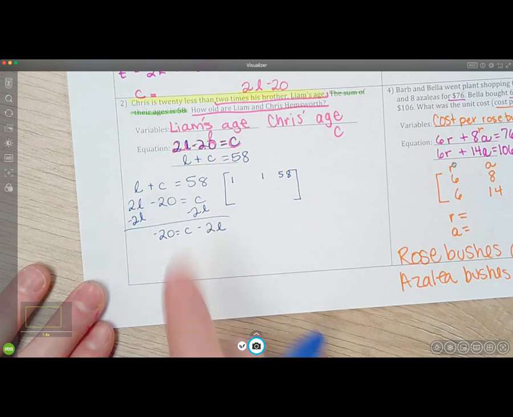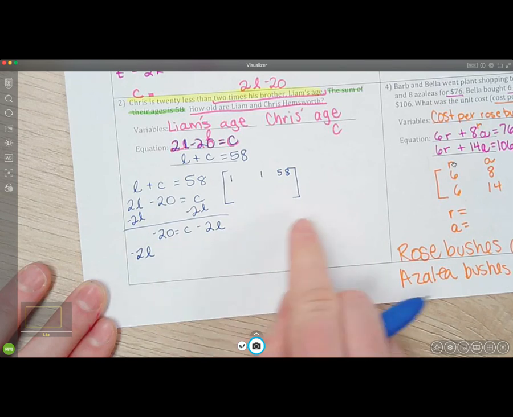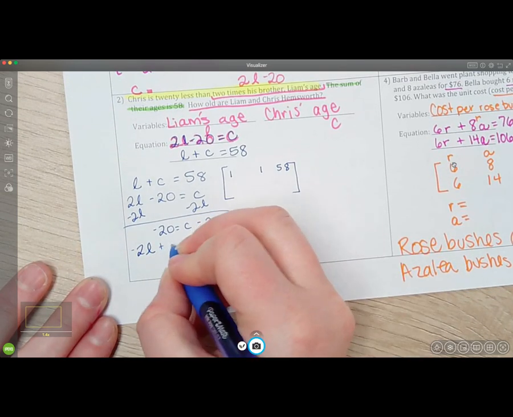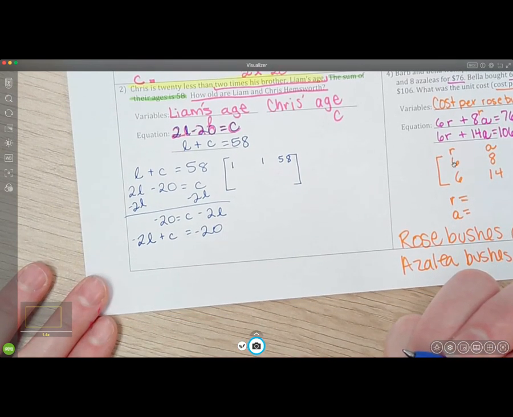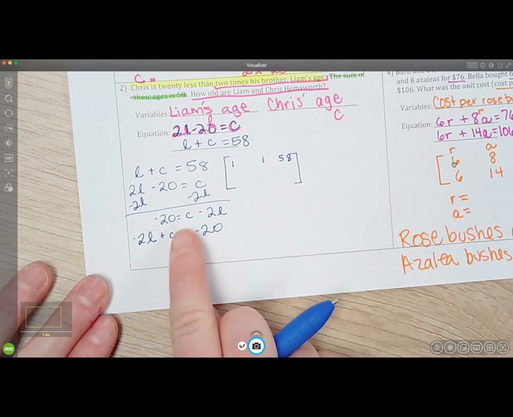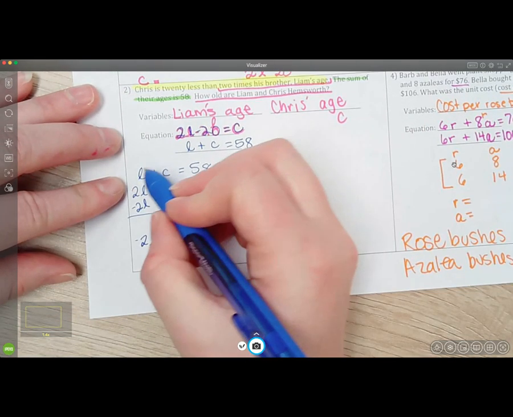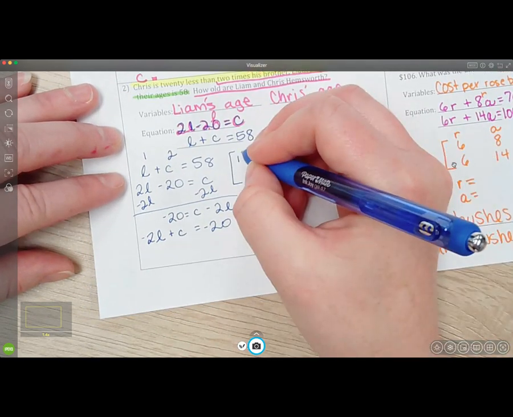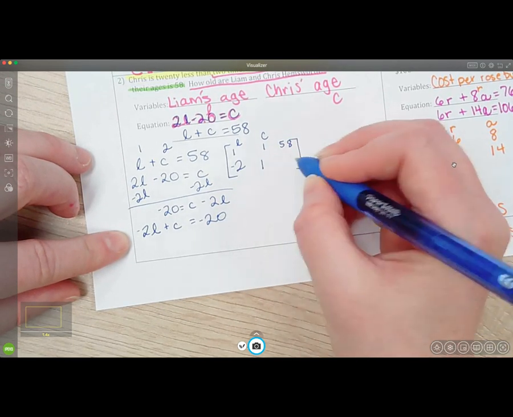So it's negative 2L plus C equals negative 20. So it was C minus 2L equals negative 20, but I need it because this is L first, C second. L, C. So that'd be negative 2, 1, and negative 20.